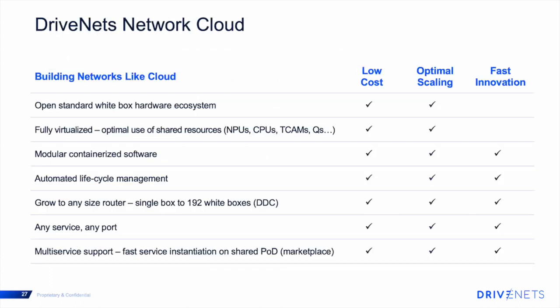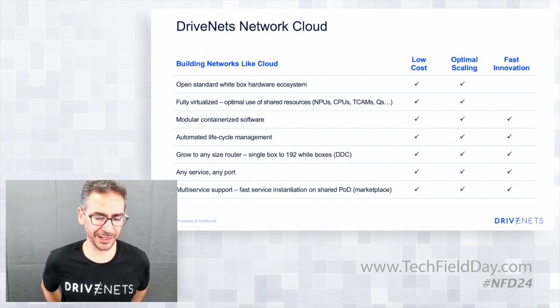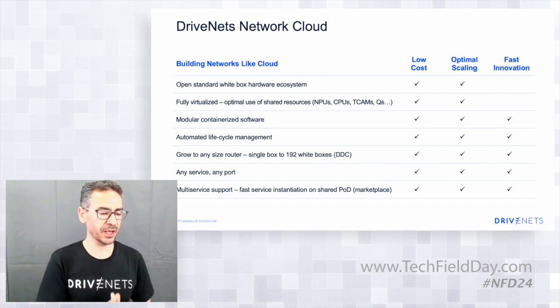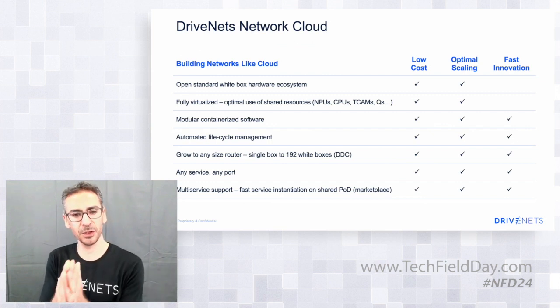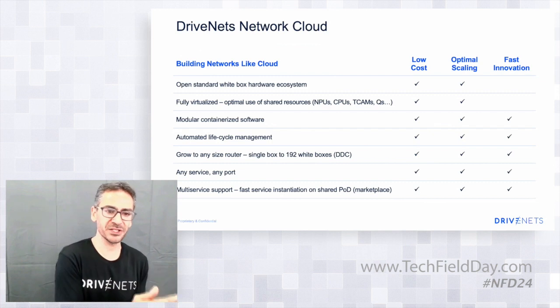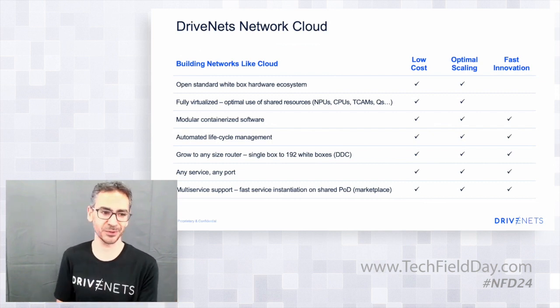So bringing it back to the three pillars of what it means to build a network like cloud, and looking at these attributes, an open, standard, white box with a complete ecosystem translates to lower cost and better scaling of your network. Virtualization of the hardware translates to lower cost and better scaling of the network.